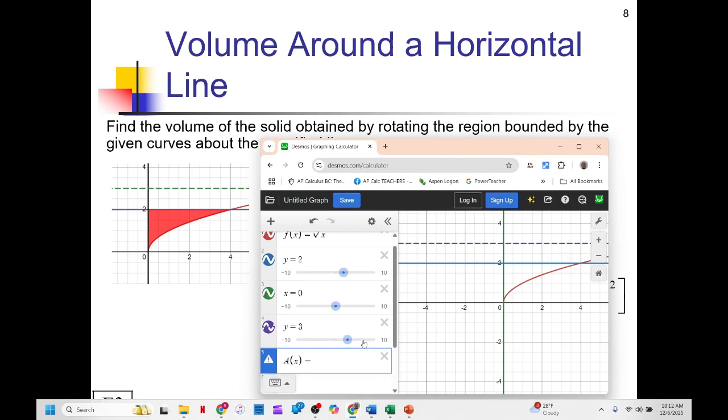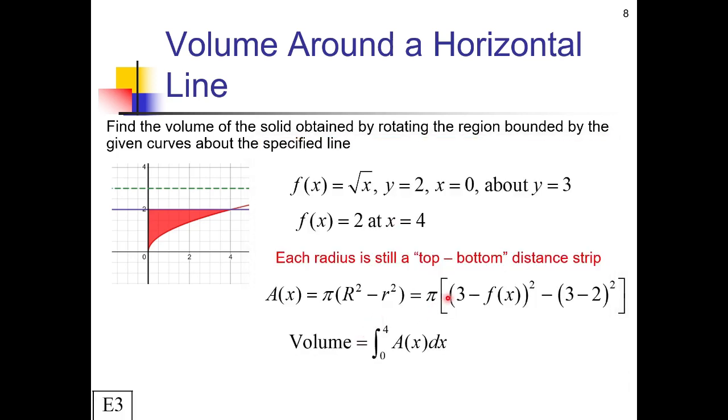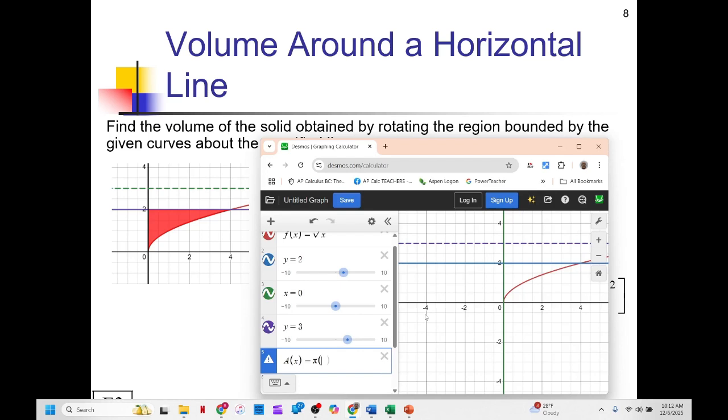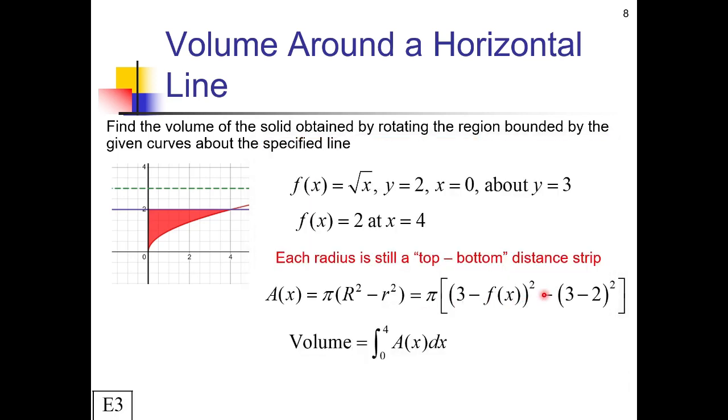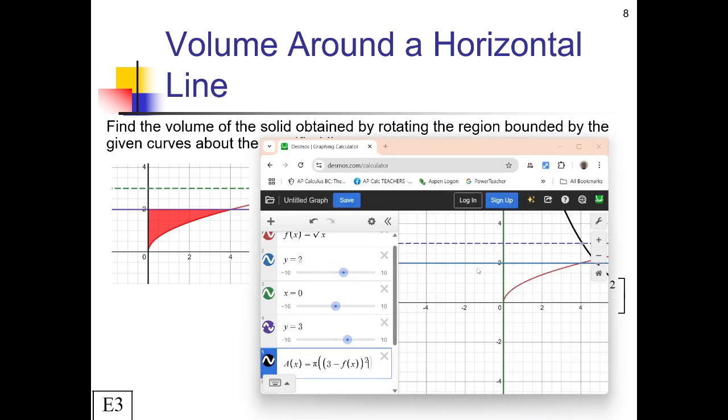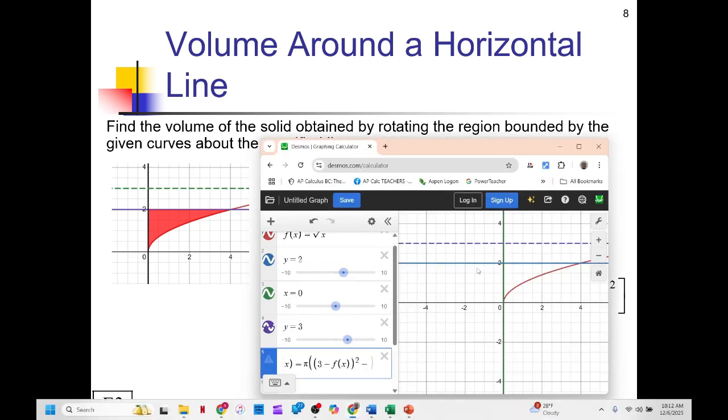So that was pi, parentheses, and we had 3 minus f of x, so another parentheses, 3 minus f of x, close parentheses, square that, and then we had minus 3 minus 2 squared. Seems kind of silly to write this, but just for the sake of showing you something that works with any curves, 3 minus 2 and square that, and then close the parentheses.